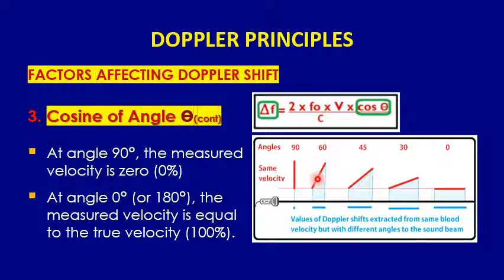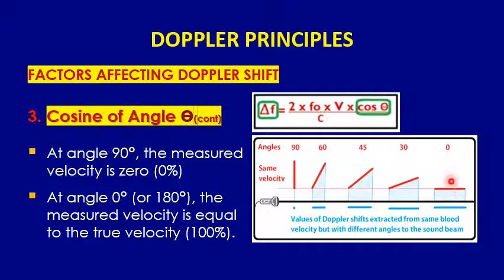This is how much is detected. If I have a lower angle, the adjacent will be bigger. I have the same hypotenuse, but the adjacent is getting bigger. So I'm now getting more Doppler shift. If I have an even lower angle, the adjacent gets bigger and bigger. So I'm getting more Doppler shift out of the same hypotenuse.